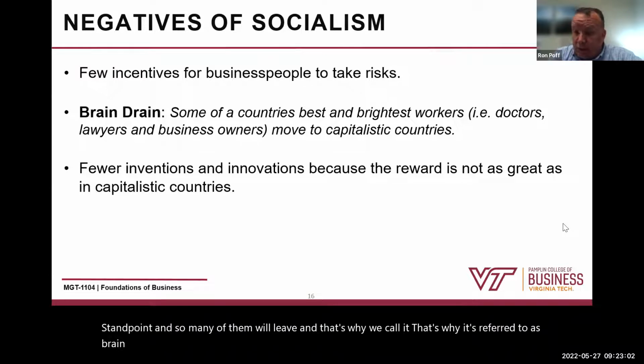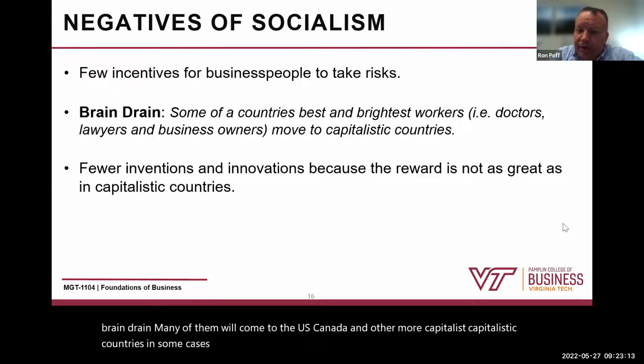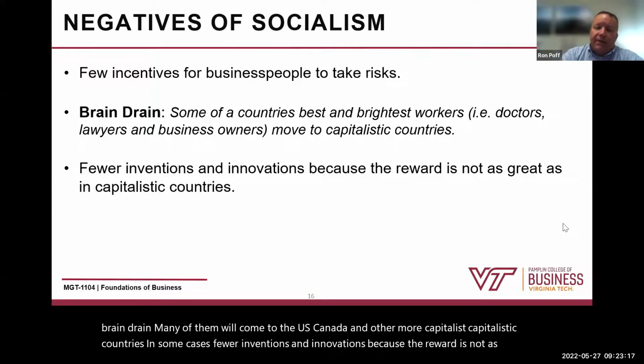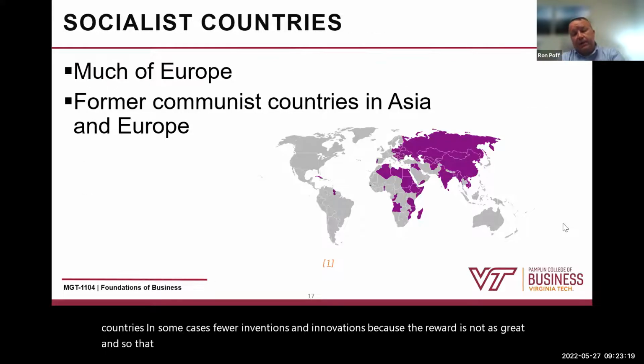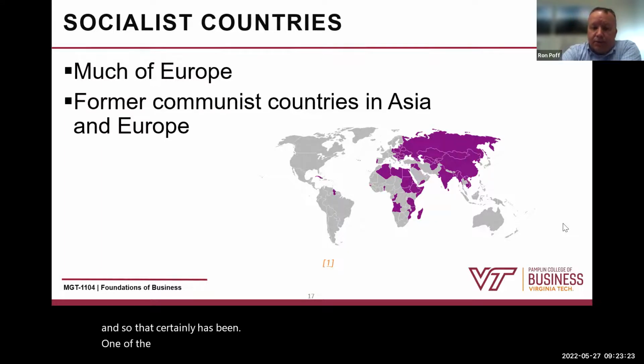Many of them will come to the US, Canada, and other more capitalistic countries. In some cases, there are fewer inventions and innovations because the reward is not as great. And so that certainly has been one of the negative impacts of socialism.